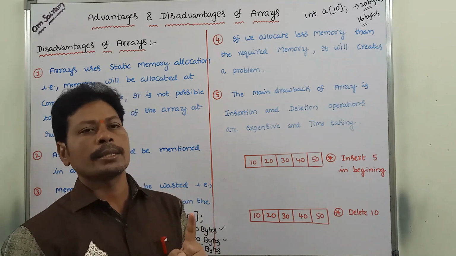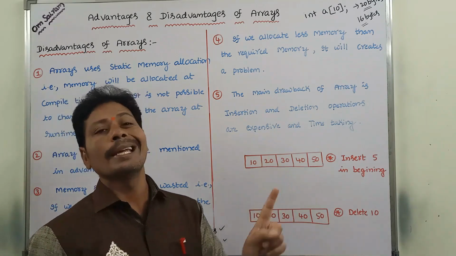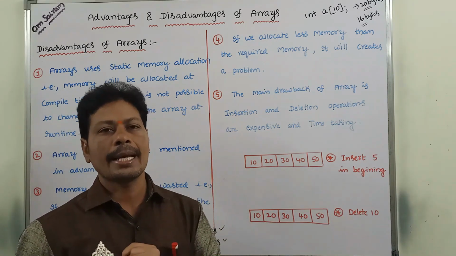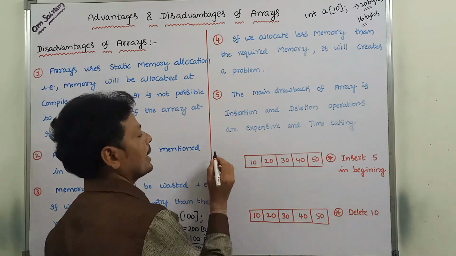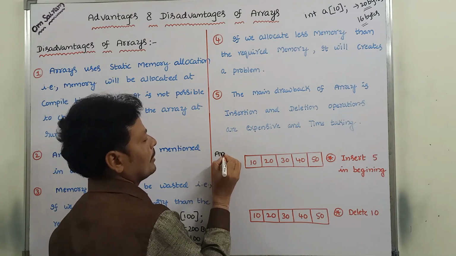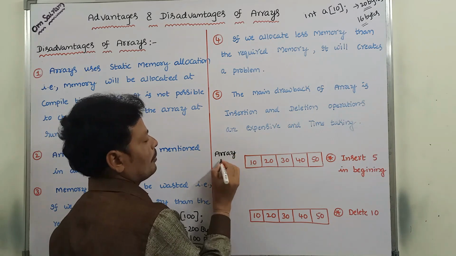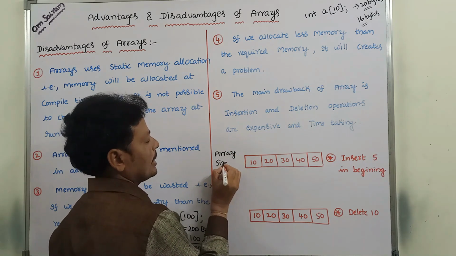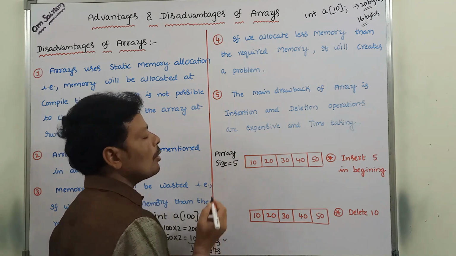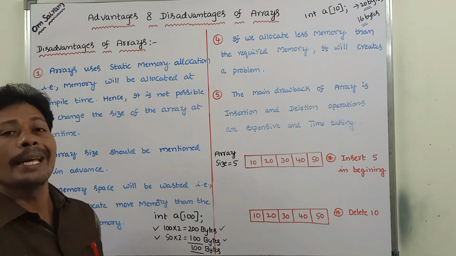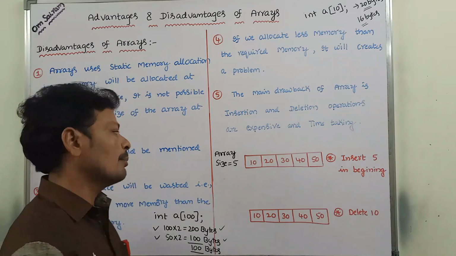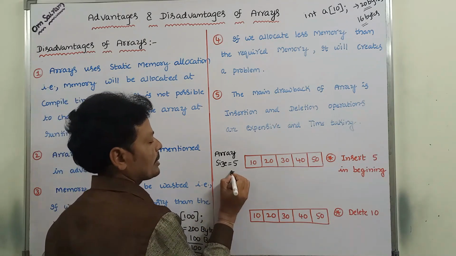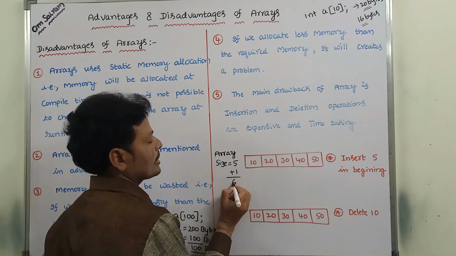The first step is array size should be increased by 1. So previously array size is 5. Now array size should be increased by 1 for inserting the element 5 at the beginning. So 5 plus 1, that is 6.